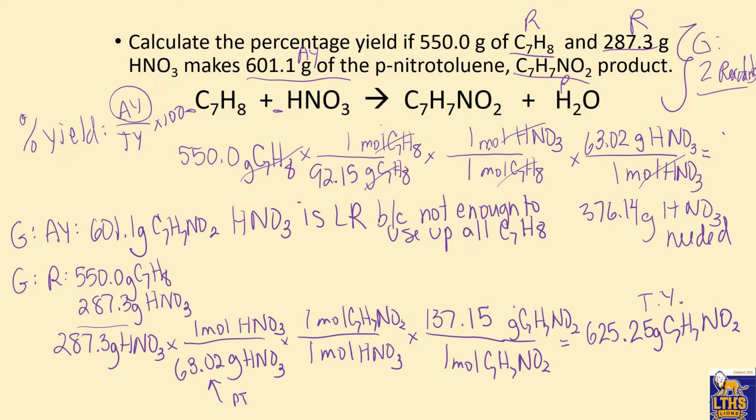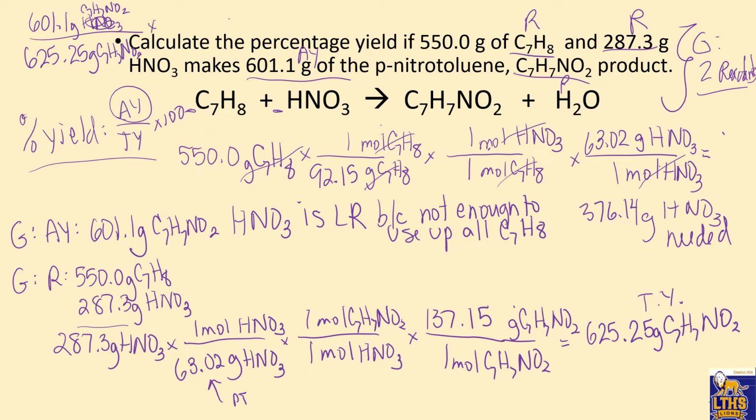So I'm going to sneak up to this corner over here to do my percent yield. So I have my actual yield given in the problem, 601.1 grams of C7H7NO2, divided by 625.25 grams, in theory, C7H7NO2.